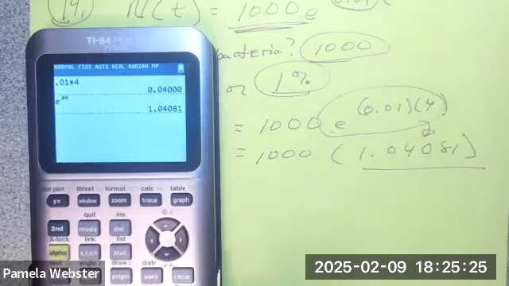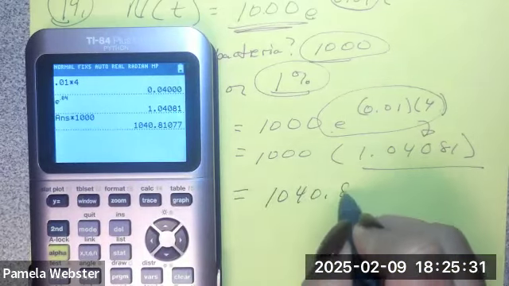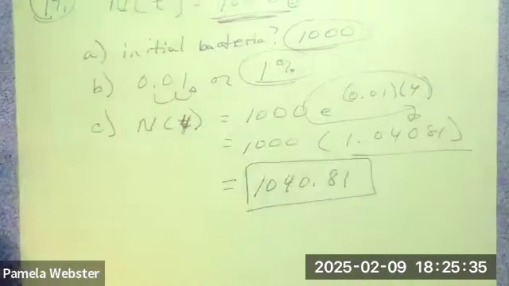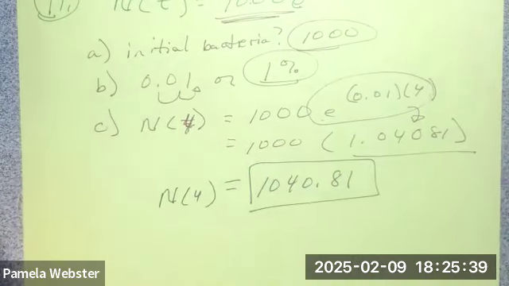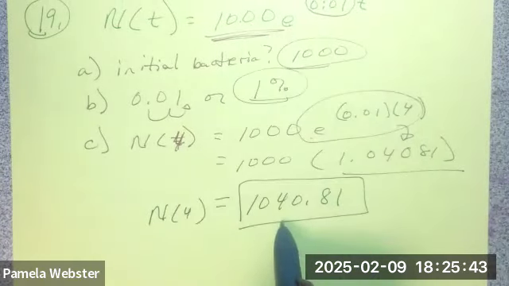And whenever I multiply it by 1,000, it's going to move the decimal place, right? 1040.81. Okay. Remember, that's the number of bacteria after 4 hours. So we started with 1,000, and after 4 hours, we have 1,040 basically.